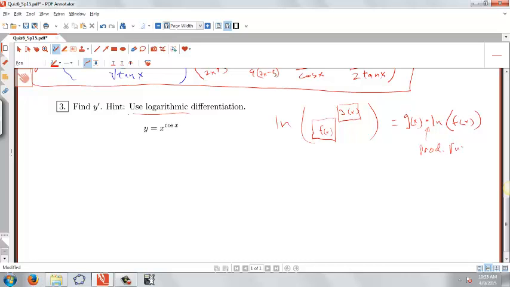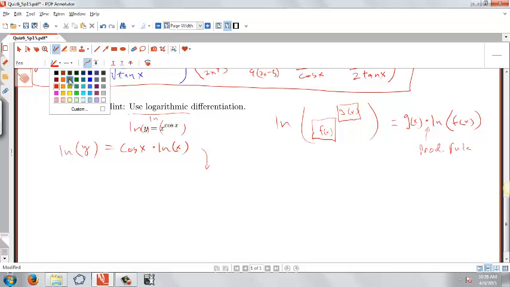This actually isn't as hard, I don't think, as the one we just did. So here's natural log of y, and I'm going to take the natural log of cosine of x. So natural log of y is equal to cosine of x times the natural log of x.